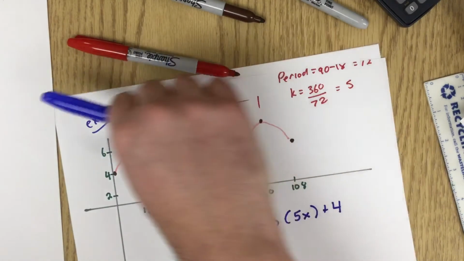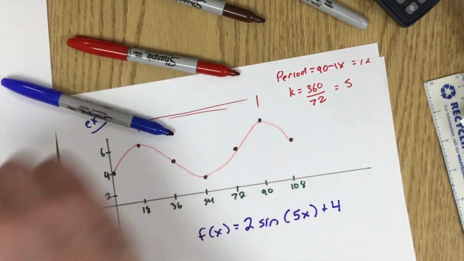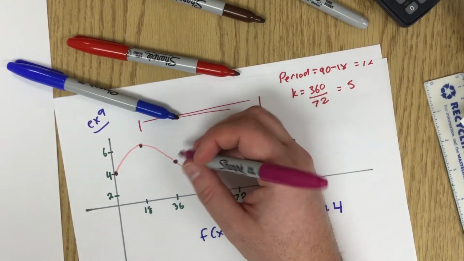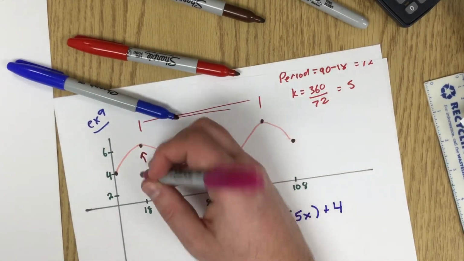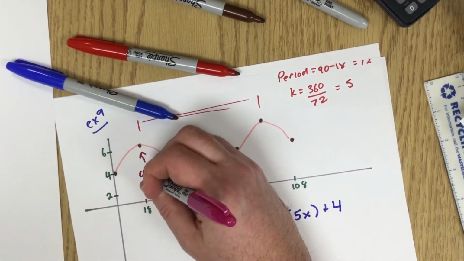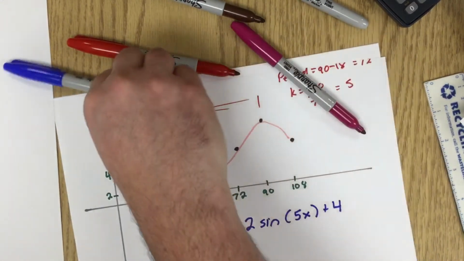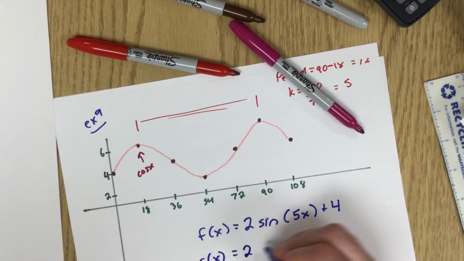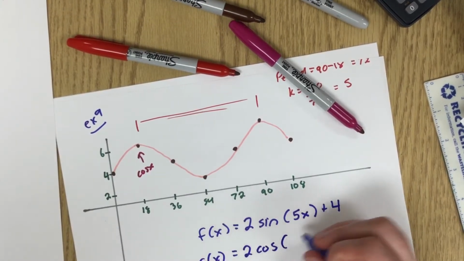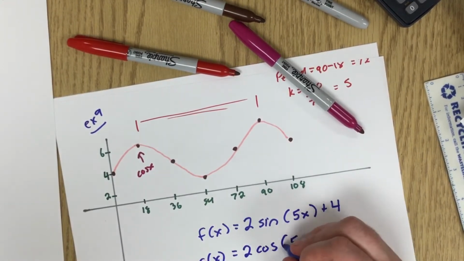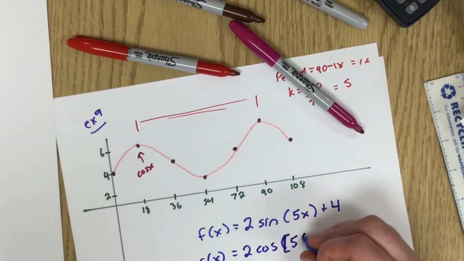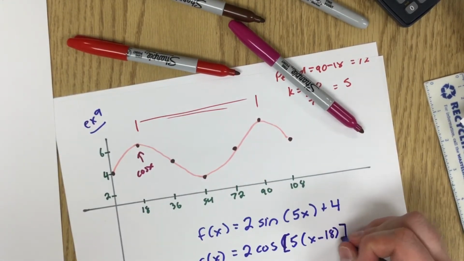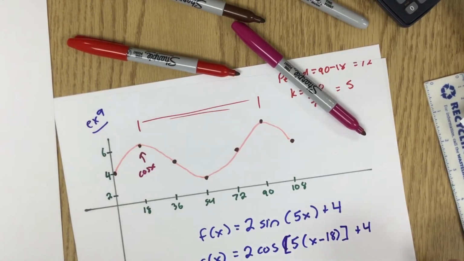Or we could have said that it starts over here. So we could have said that it's a cos graph. And if it was a cos graph, then it would be 2 cos 5, which put this as a square bracket, and we've moved right 18, plus 4.